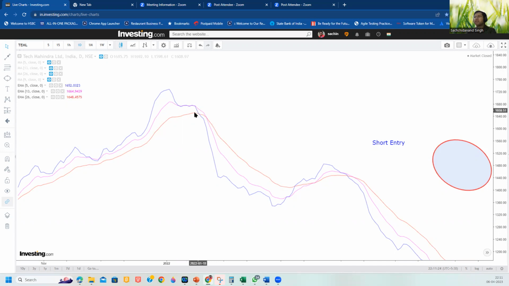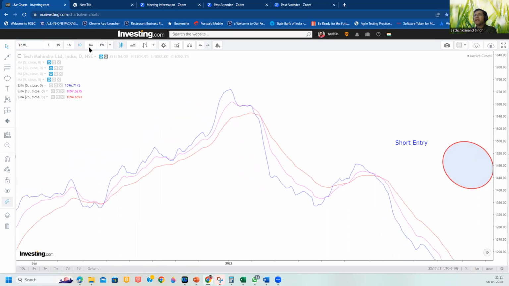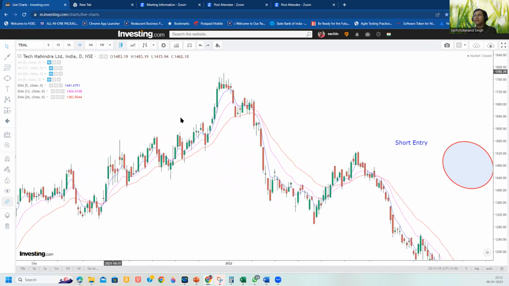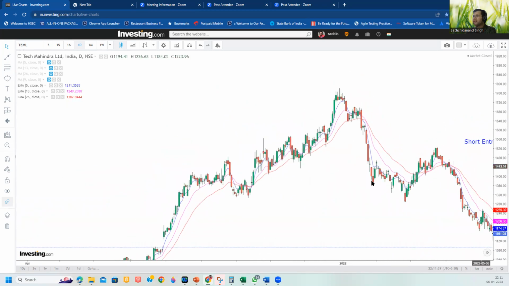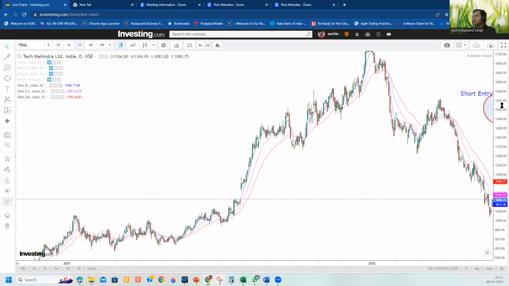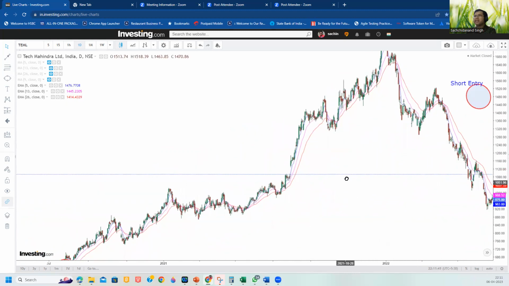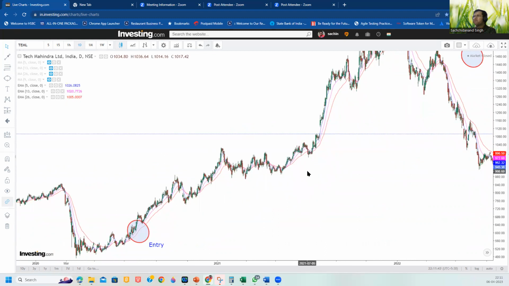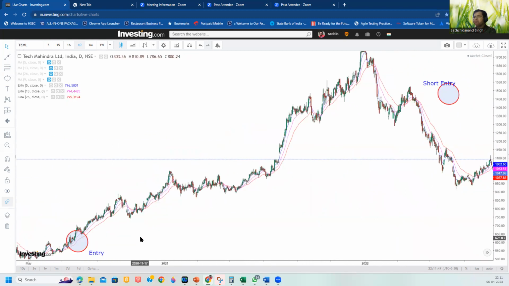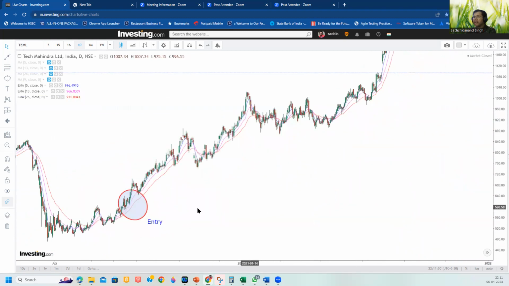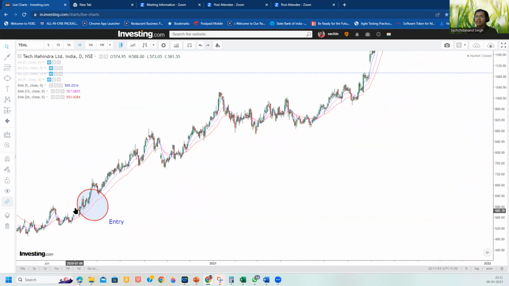This is the potential entry for short selling, or if somebody has already taken an entry for investment purpose or a positional trade or whatever. If you have already taken the entry into this Tech Mahindra stock, maybe here based on the positive crossover, this is the ideal entry position that we have already learned.